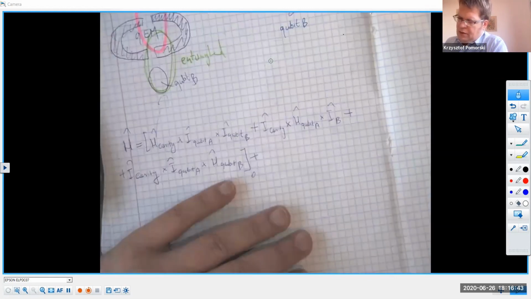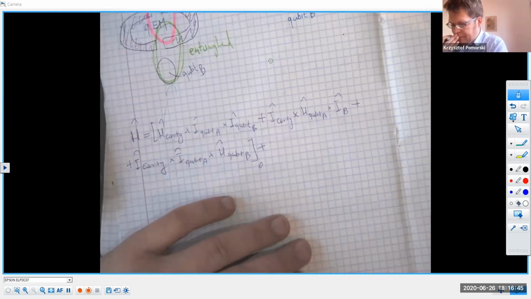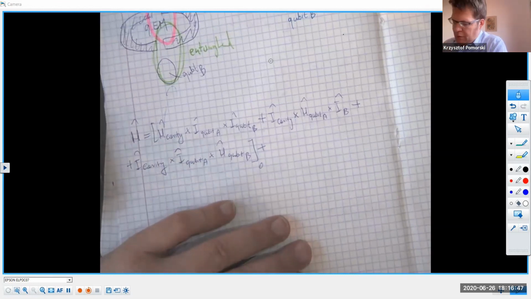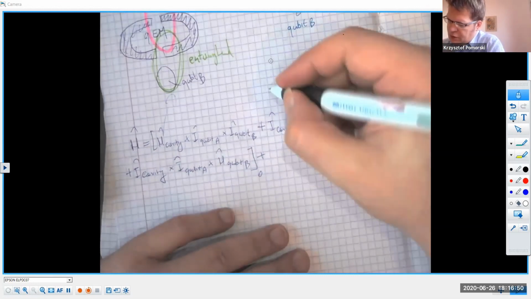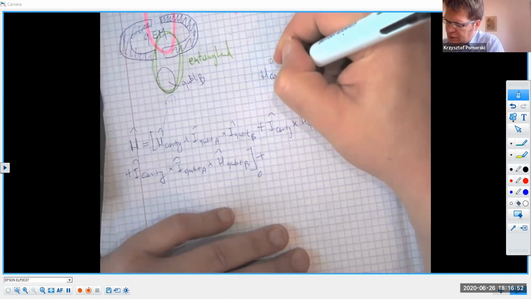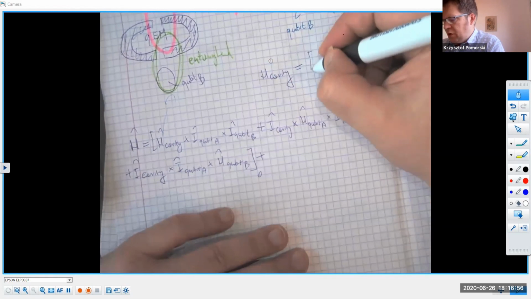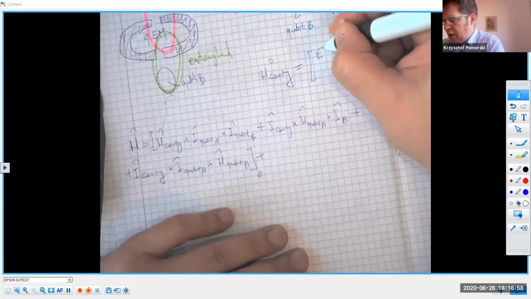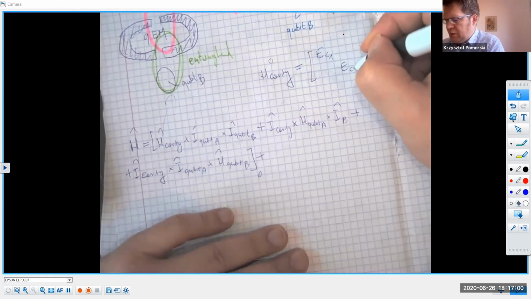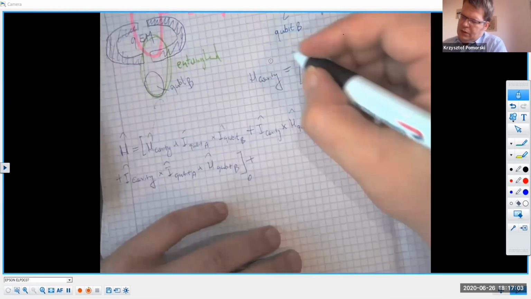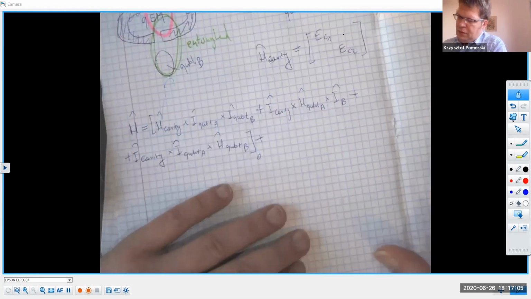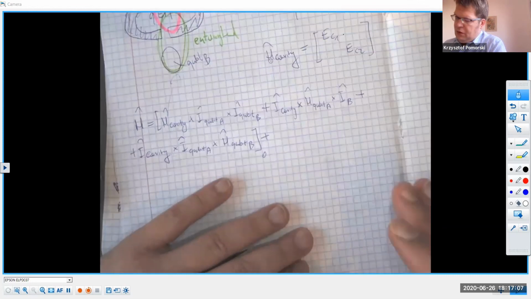So how does this interaction take place? I will simply consider the cavity still to be a two energy level system, C1, C2, and there is a possibility of exchange.